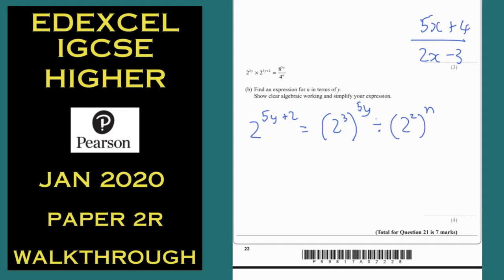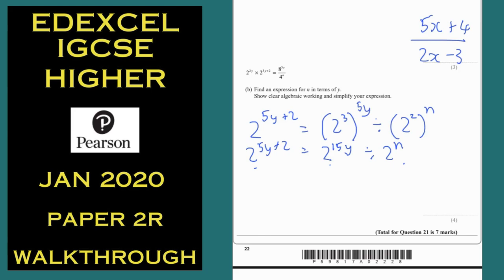So, as you can see, we've now got laws of indices. Power to a power means multiply the powers. 3 times 5y, 2 times n. And that's the same thing over here. We haven't touched it. And there we go, really. Because the 2s, the base numbers, whatever you want to call them, they are the same.